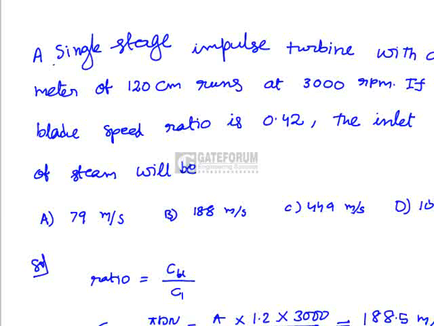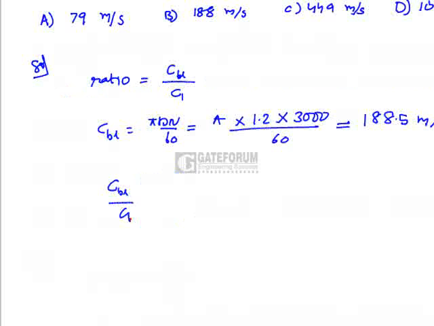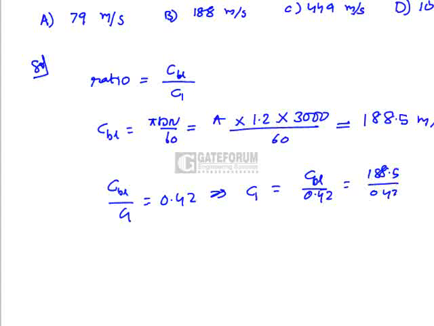From the ratio formula, the linear velocity of the blade to the inlet velocity of the steam is given by 0.42. From this equation, the inlet velocity of the steam C1 is equal to the linear velocity of the blade divided by 0.42. So 188.5 by 0.42 gives a value nearly equal to 449 meter per second. So in the options, the right option is C.